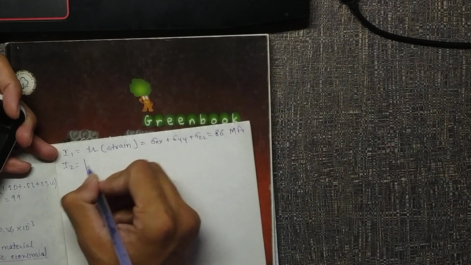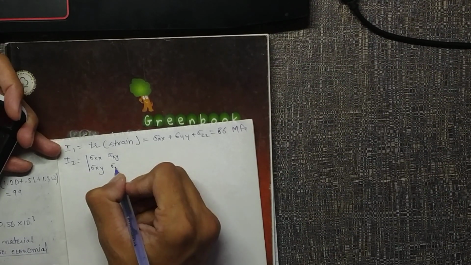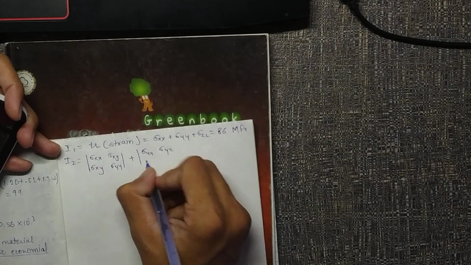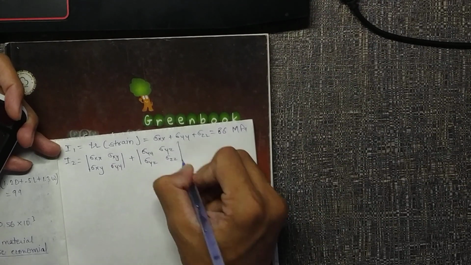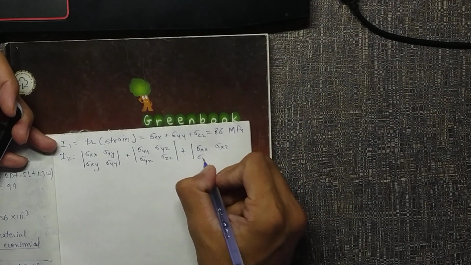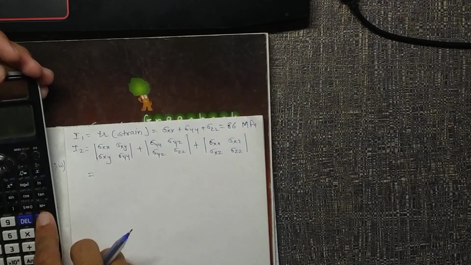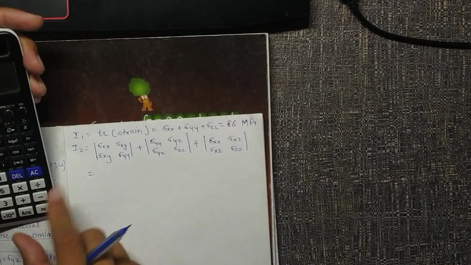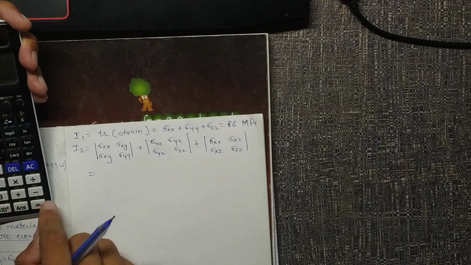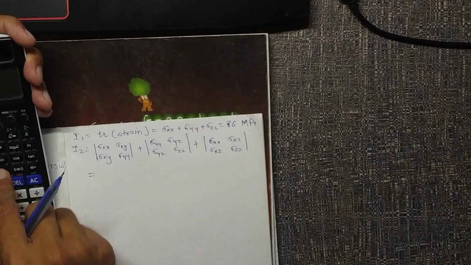I2 will be the determinant of sigma xx, xy, xy, yy, plus yy, yz, yz, zz, plus sigma xx, xz, xz, zz. So this is a long thing, but let's do it. So minus 120 into 140 minus xy square, that is 45 square.